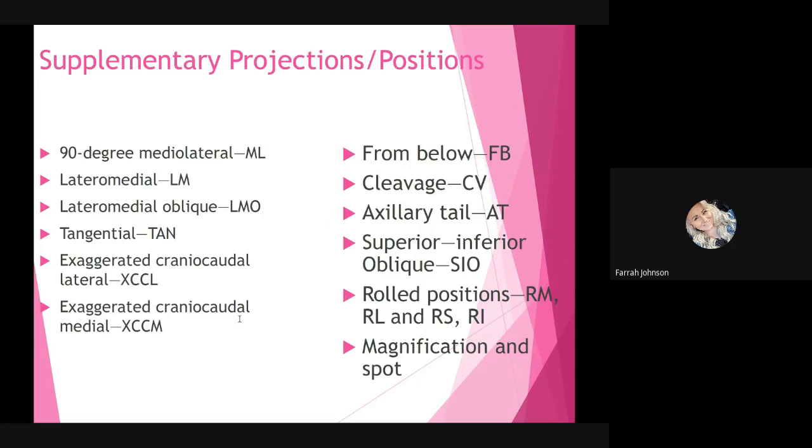We're going to talk about exaggerated craniocaudal medial projections, so it's just the opposite of your XCCL. We're going to discuss the from below or FB projections, cleavage projections, axillary tail, superior to inferior oblique. We're going to talk about our rolled positions, which can be rolled medial, rolled lateral, rolled superior, and rolled inferior. And then lastly, magnification and spot compression views.